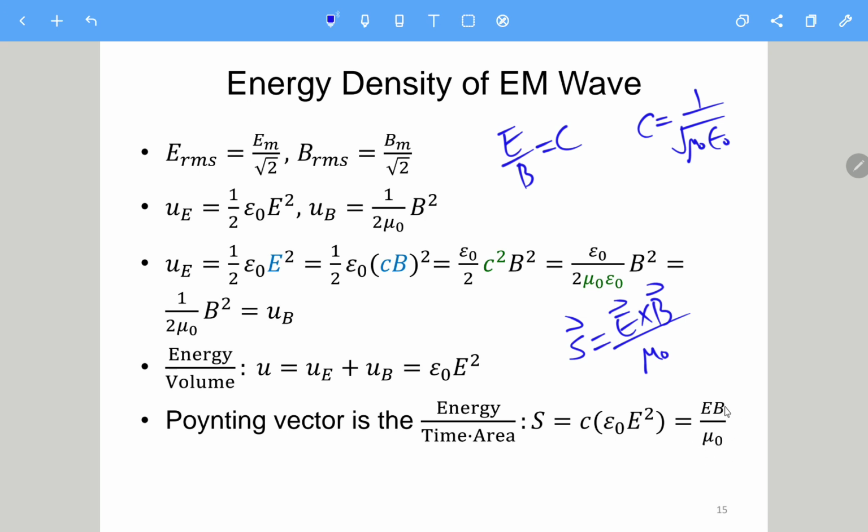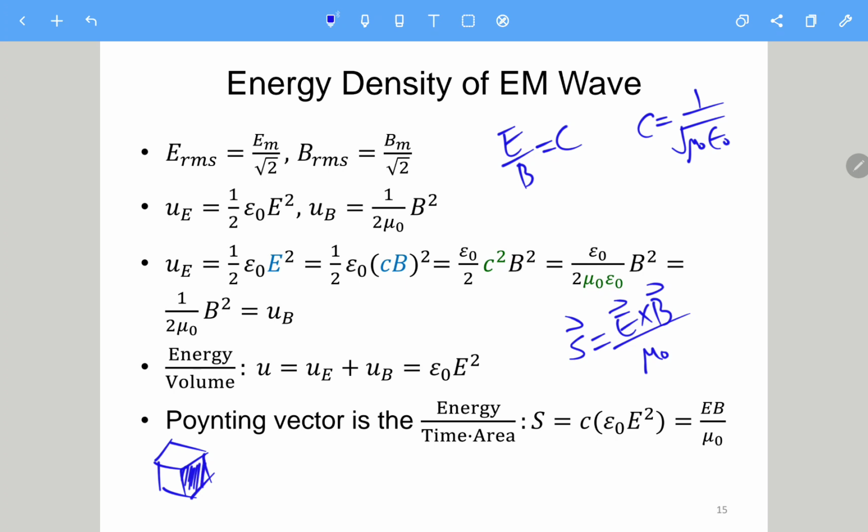So actually this one equals this one, because you can simply imagine this is the energy per volume, this is the energy density, which is the energy per volume. And the Poynting vector is the energy per area per time. Originally we have the energy stored in this box, but the Poynting vector only considers the area per time.